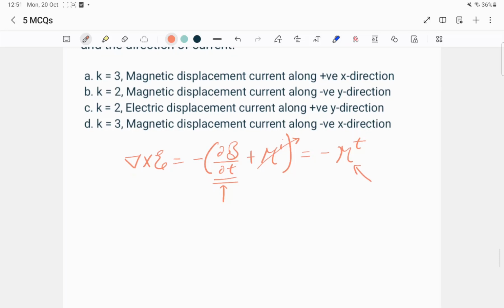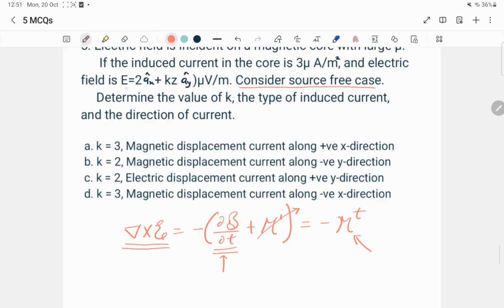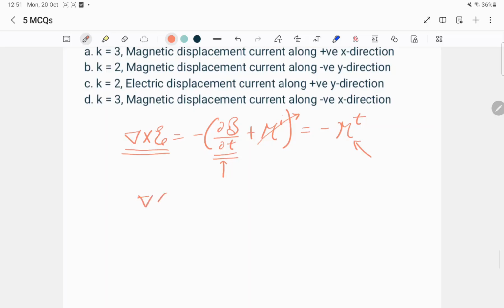The only thing left is to find the cross product of the del operator and the electric field. Del cross E is equal to the determinant with Ax cap, Ay cap, Az cap in the first row, del by del x, del by del y, del by del z in the second row, and the electric field in the x direction, electric field in the y direction and electric field in the z direction in the third row.